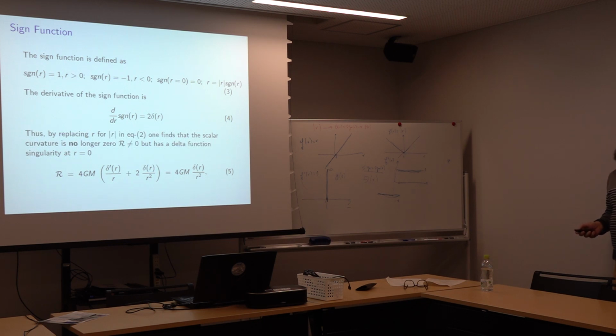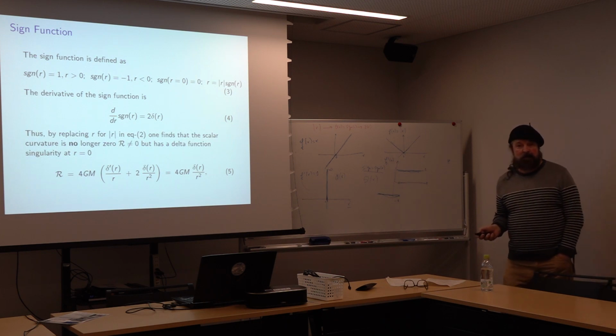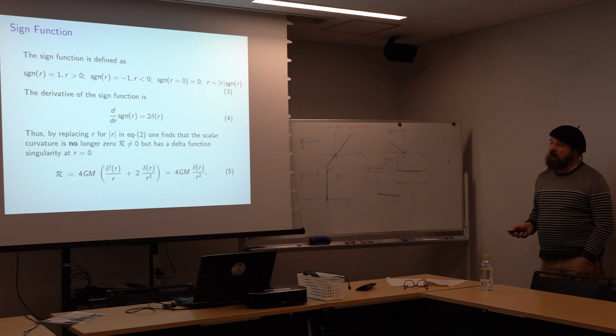And then when you take the second derivative, remember when you evaluate the expression for the scalar curvature, because I'm going to have a second derivative, at the end of the day, the value I get for the scalar curvature is going to be given by the mass of the black hole, of the point mass, the Newtonian constant, and I'm going to have this expression over here.